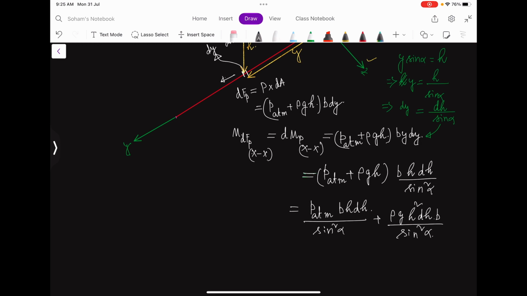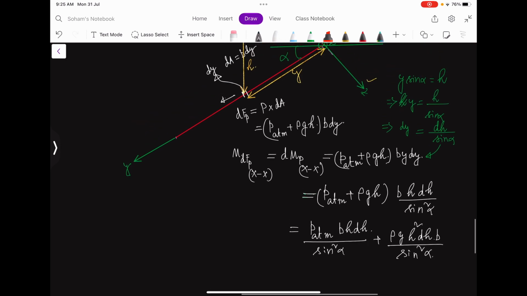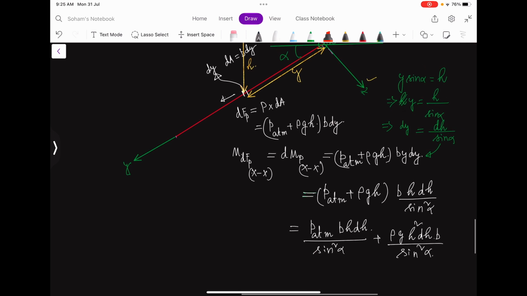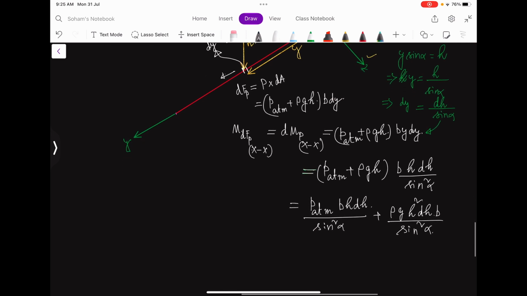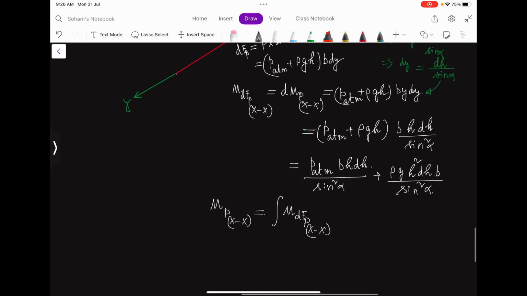So that is totally okay, clear. Now if I have to calculate the total moment, the total moment due to pressure force about xx is equal to the integral of this one, right?